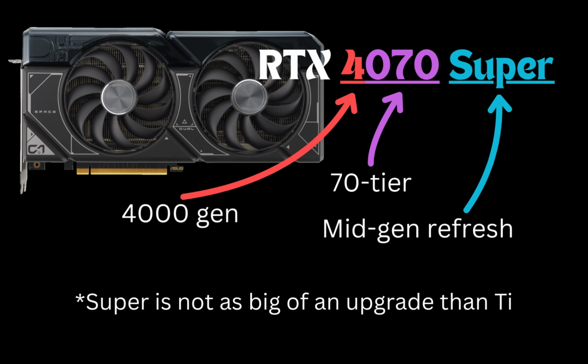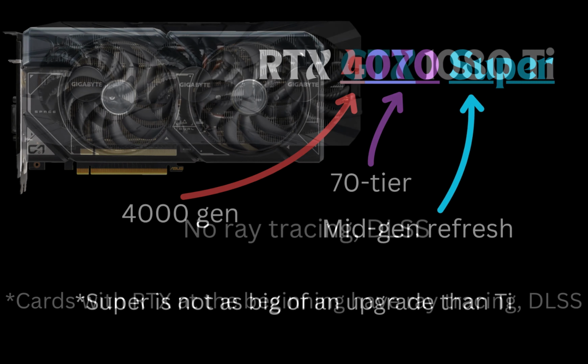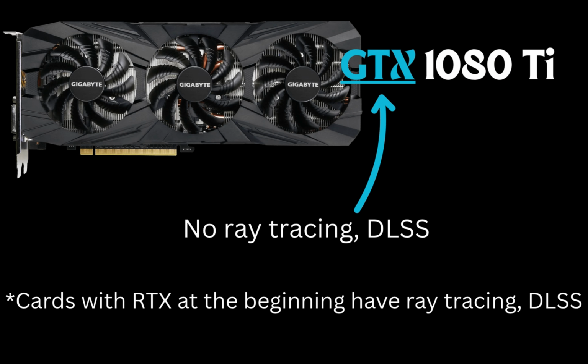They generally improve performance but don't always match the gains of a Ti model. For example, there's the 4070 Super. RTX means that the GPU has AI features like ray tracing and DLSS. It is only for 2000 series and newer. So basically, if you have a GTX 1080 Ti, it doesn't have ray tracing.